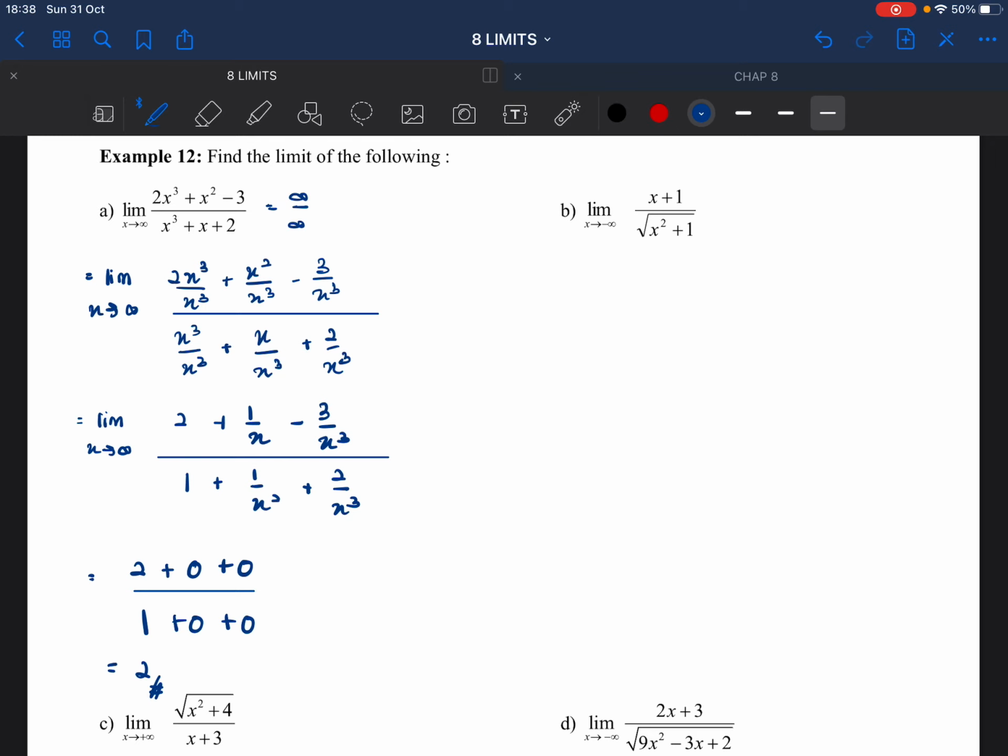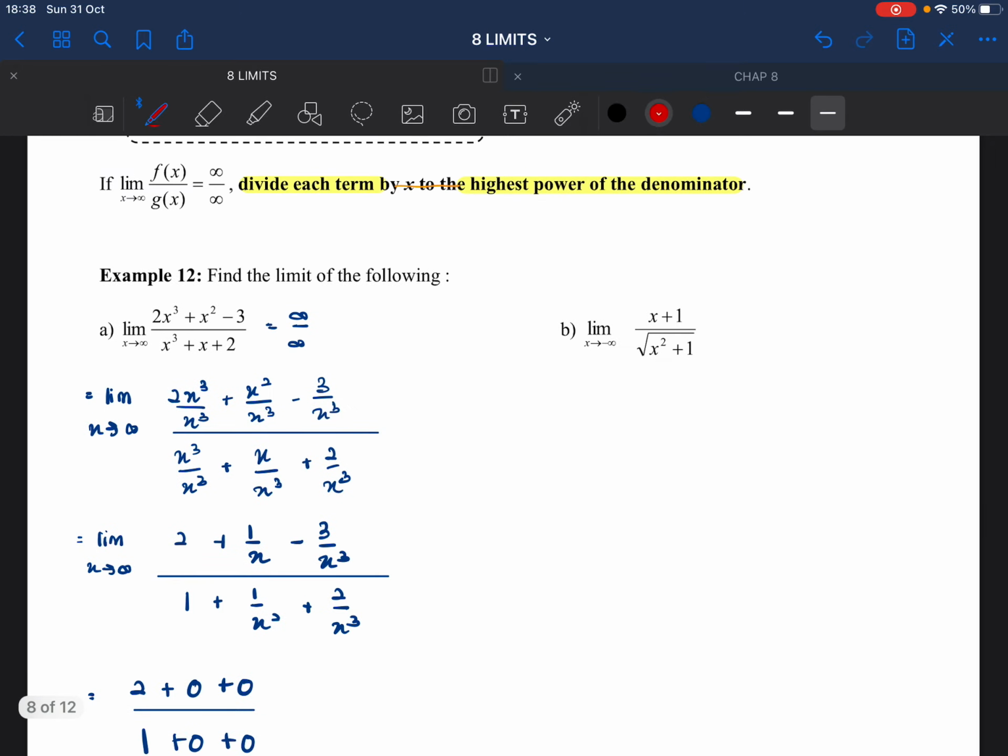Before we proceed to the next example, I would like to remind you of the definition of square root of x squared, or modulus x, the same thing.